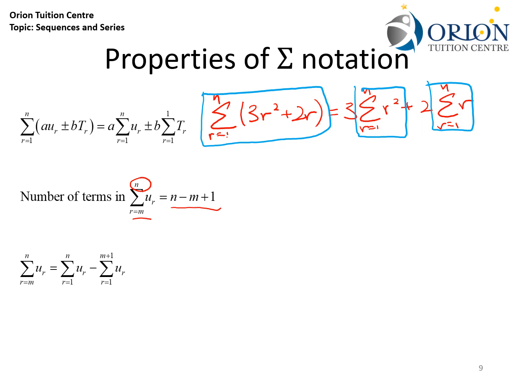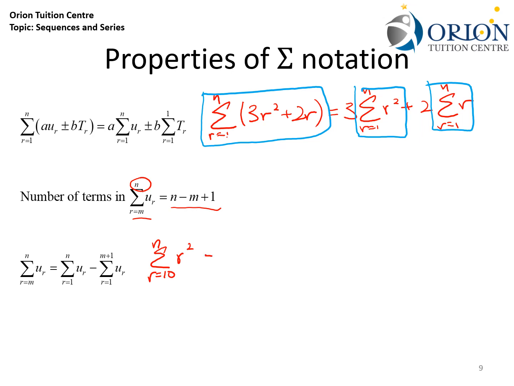So for example, if we are required to do the summation from r equals 10 of r squared, there is no formula for us because for summation of r squared, the standard formula that we know of starts from r equals 1.